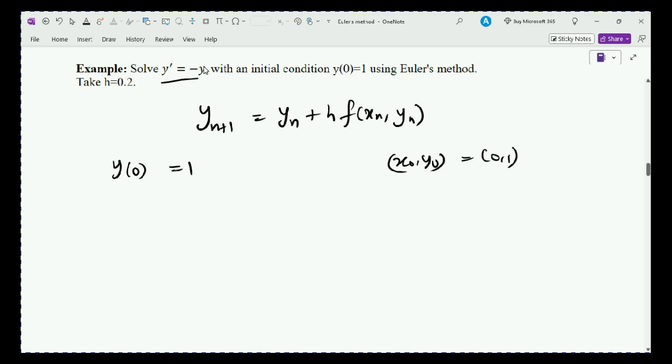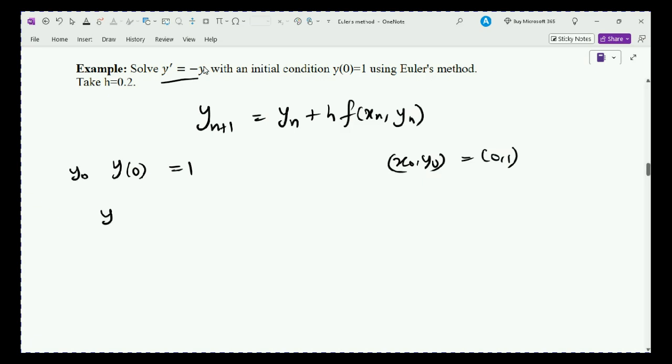Okay, so now we need to find the first value, y of 0.2, which is equal to, let's say, y1. We'll write it like this. Okay, so this is y0.